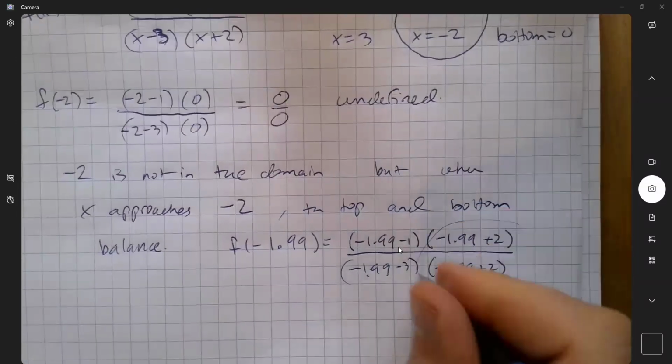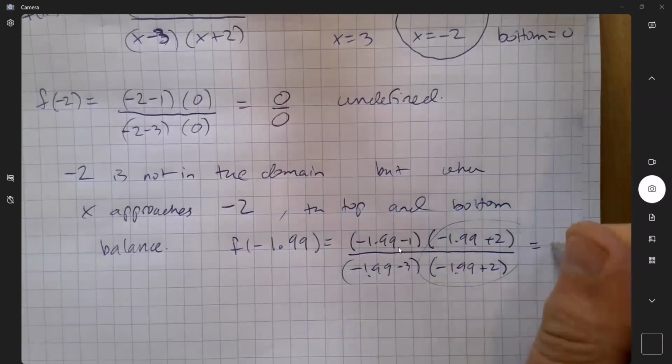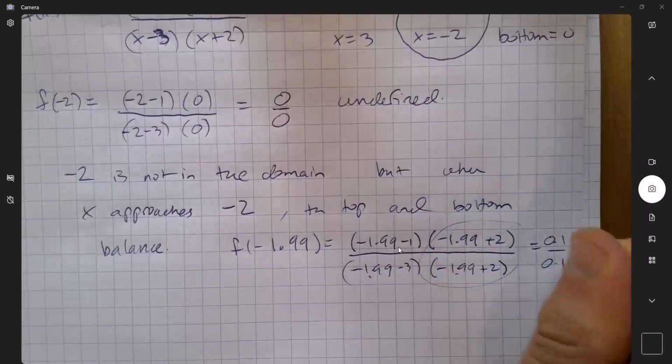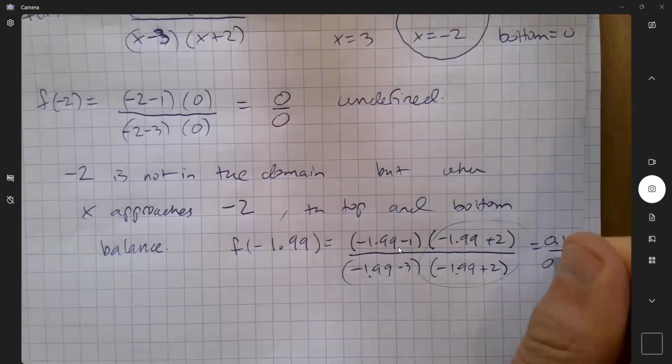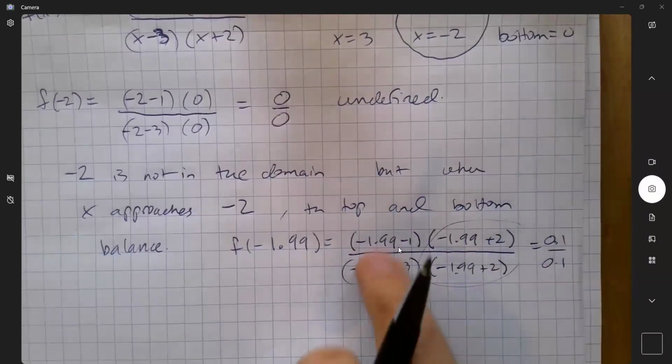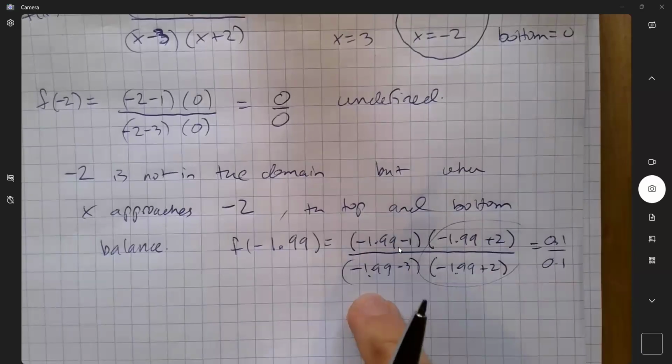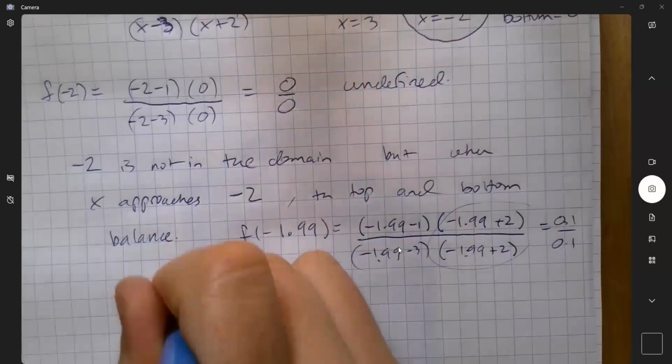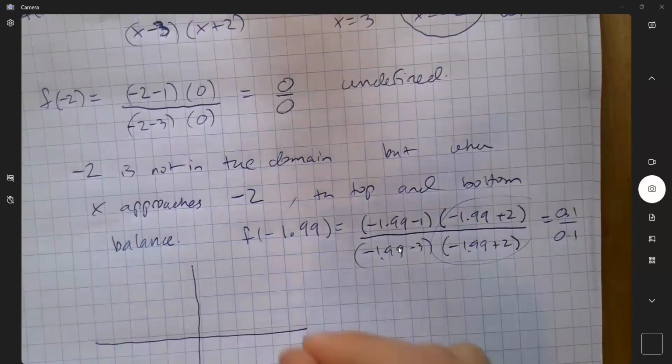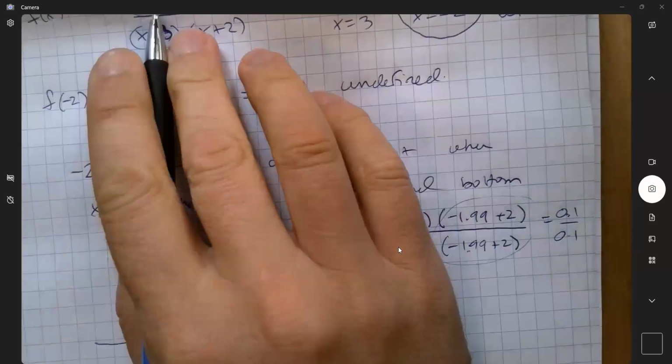And these parts here balance. They're both 0.01, just those parts. And they're balanced, so they don't affect the rest of the function. And what that means is, let's see, when x is 1, my function is 0.